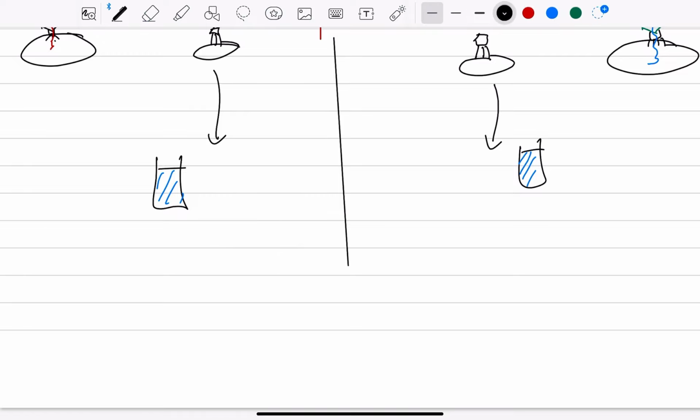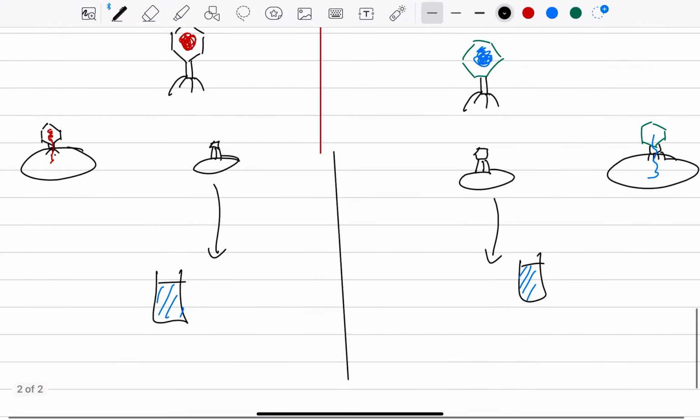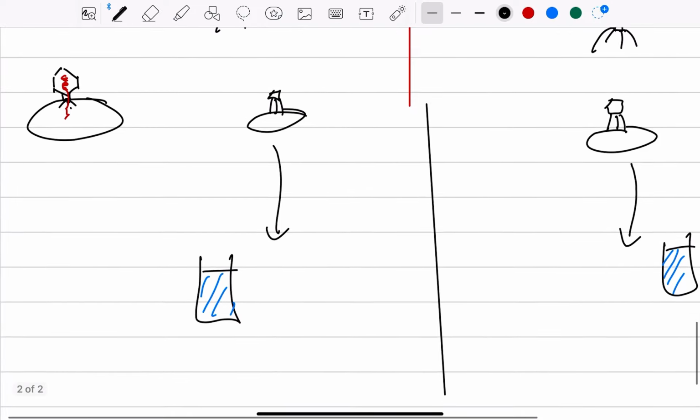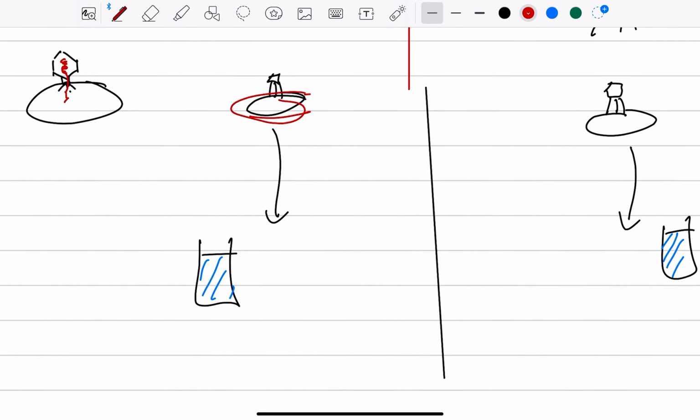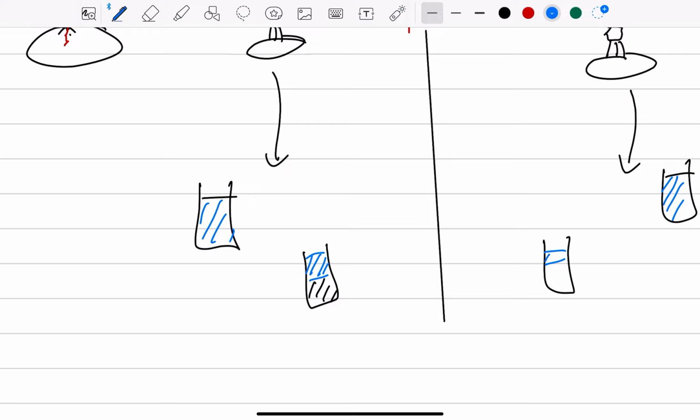What happens is that heavy materials are at the bottom and the lighter materials are on top, right? Since the bacteria is much bigger than the virus, it is much heavier. So we can expect that the virus is here and the bacteria is here on the bottom.